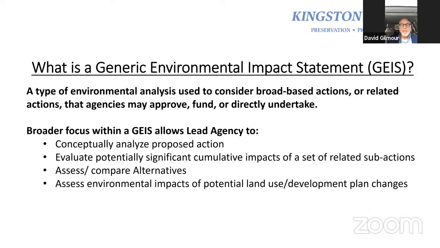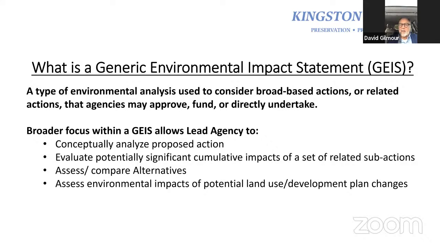Again, I hope I've given you an idea of what a generic environmental impact statement is. It's a type of environmental analysis that's used to consider broad-based actions rather than being more specific, like an EIS, an environmental impact statement, say for a particular property. We're doing a citywide analysis, so we're doing an almost programmatic or general review of the possible conceptual and other potential impacts of this action, which is approval of the form-based code.